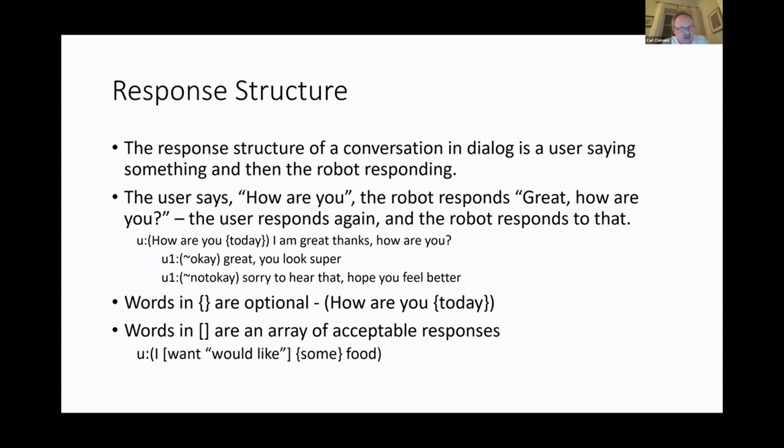So I could say, "I want some food," or I could say, "I would like some food," and both would match. A phrase where you have multiple words, you put inside quotation marks, and you end up with something that the robot can respond to.